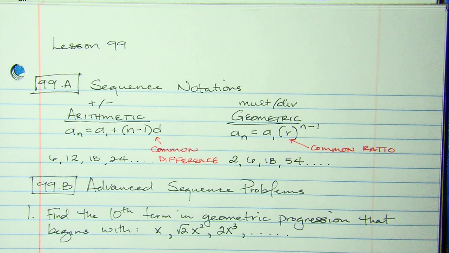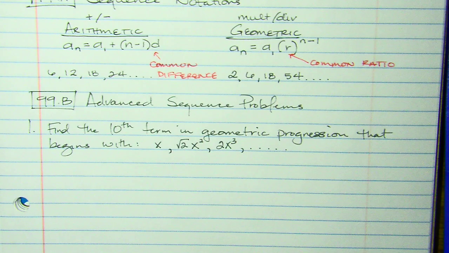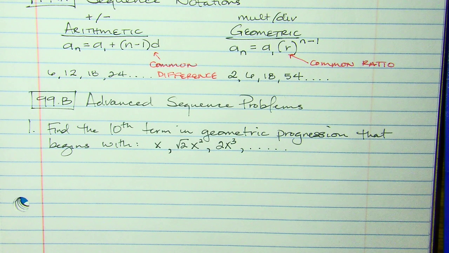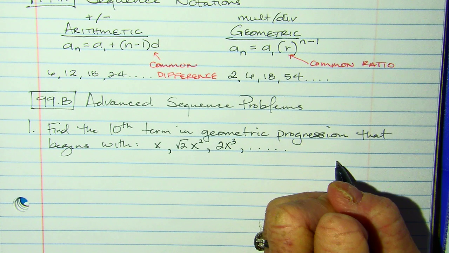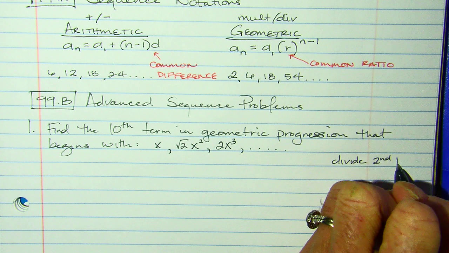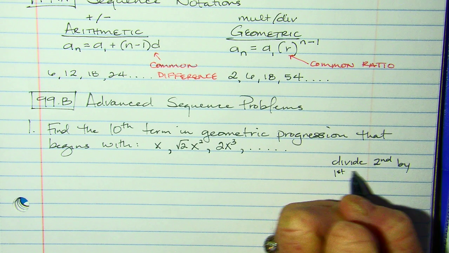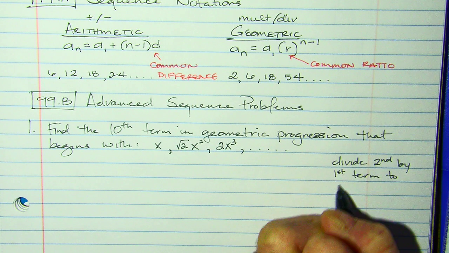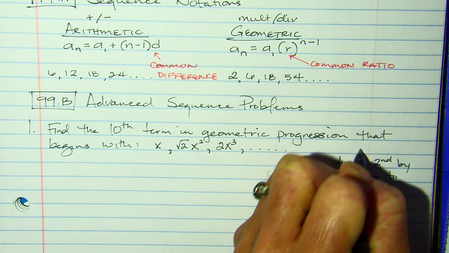And then the dots mean that the sequence continues. So, in order to find r, we are going to divide the second by the first term.